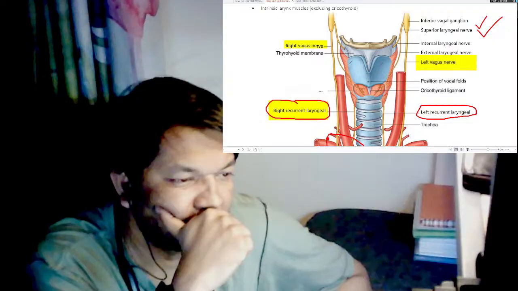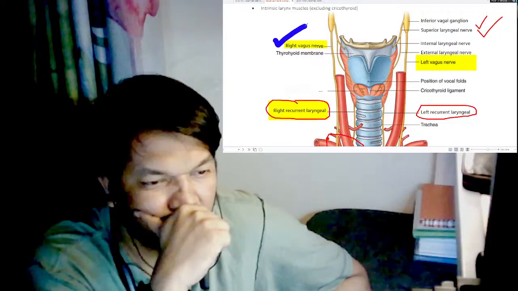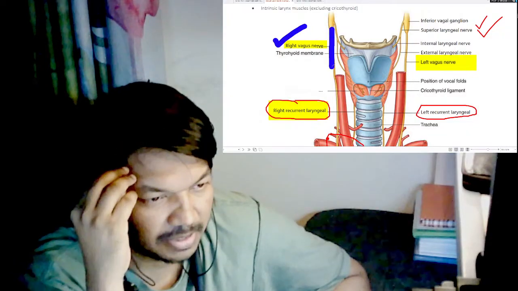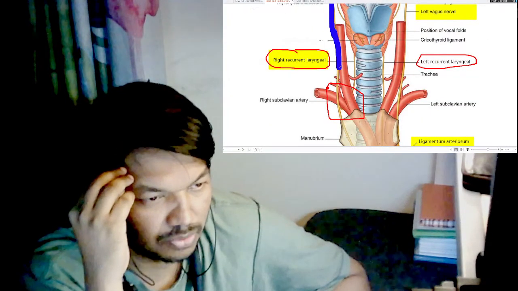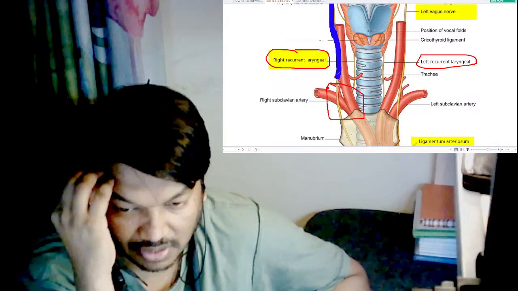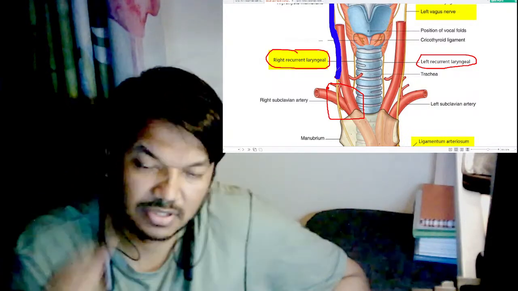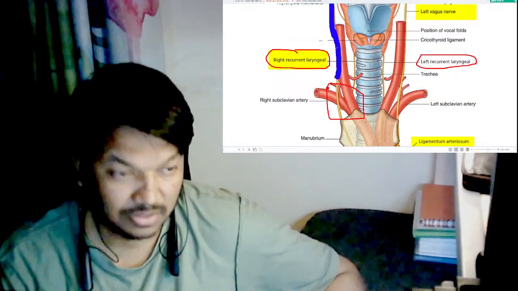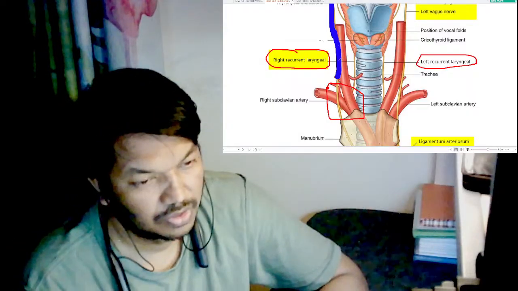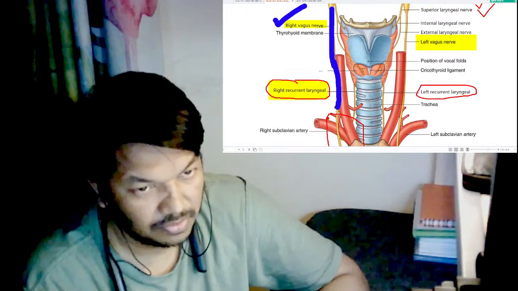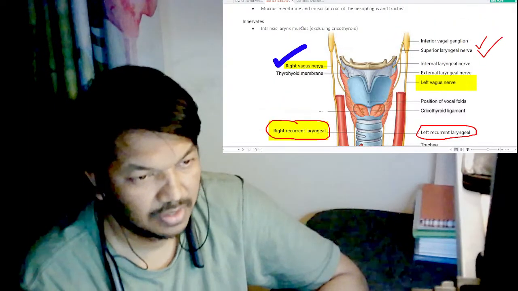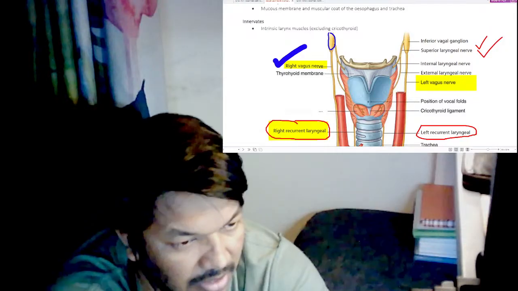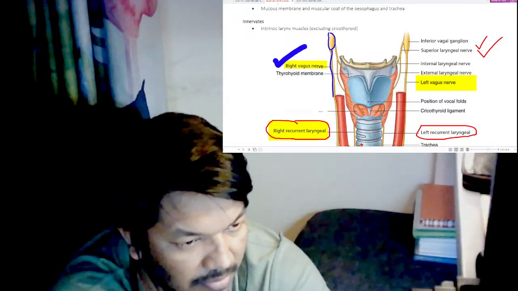Okay, this is the right vagus nerve. So the vagus nerve is coming down, down, down, along with which one? Carotid. You remember in the carotid sheath there was the vagus nerve, carotid artery, and internal jugular vein. So the vagus nerve comes down in the right side from the inferior vagal ganglion. From the inferior vagal ganglion, we have the vagus nerve.